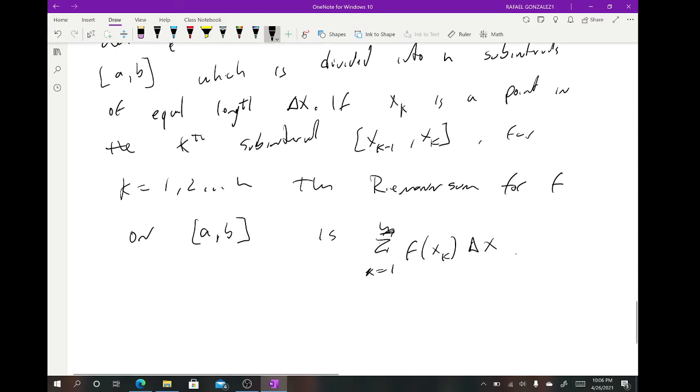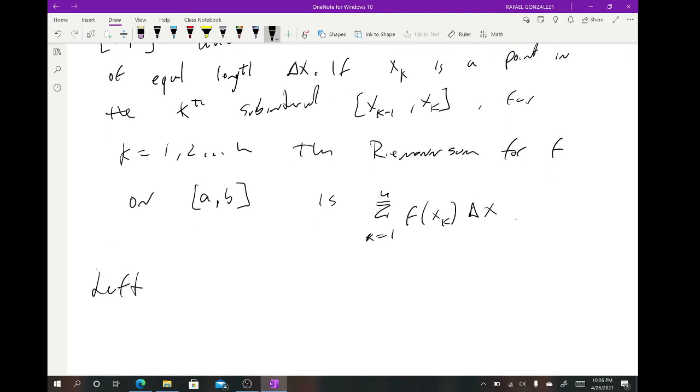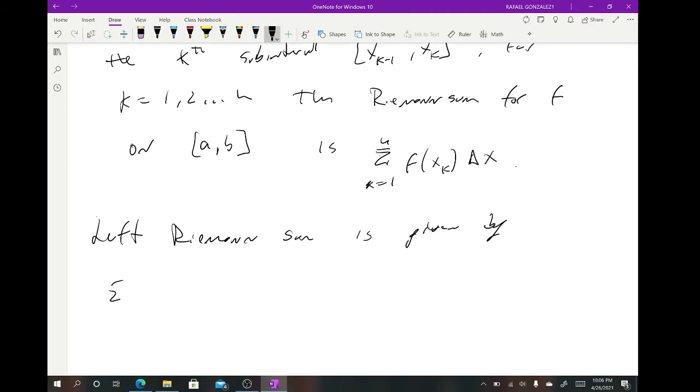And then we have three cases that arise. So the left Riemann sum, as we had before, is given by the sum of k equals 1 to n of f of xk times delta x if xk is equal to a plus k minus 1 delta x.